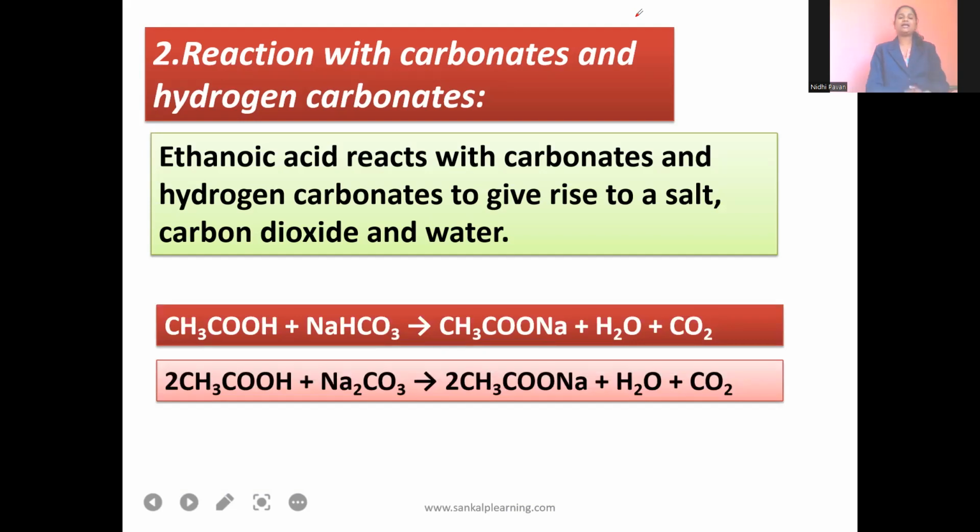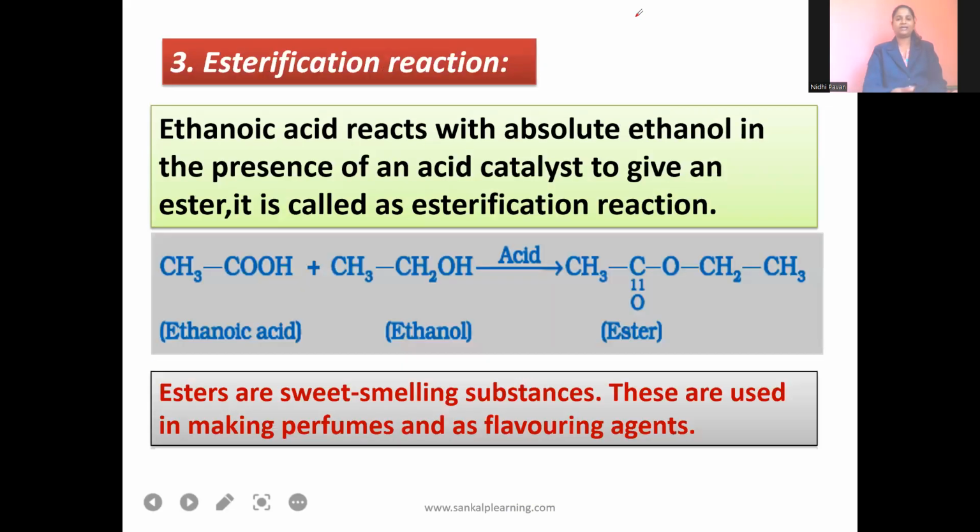See here, in the first reaction, the acetic acid or ethanoic acid reacted with sodium bicarbonate. We got the salt, sodium ethanoate, sodium acetate, plus water plus carbon dioxide. In the same way, in the second reaction, the acetic acid reacted with sodium carbonate to give sodium acetate, water, and the liberation of carbon dioxide.